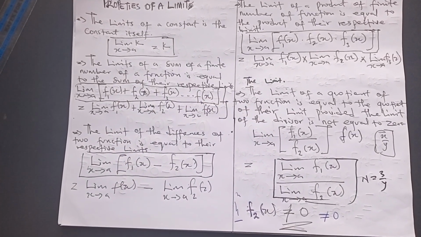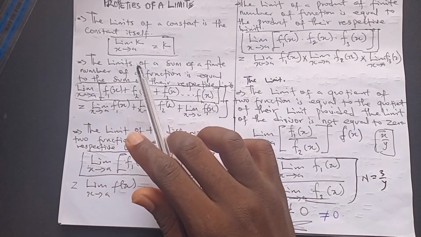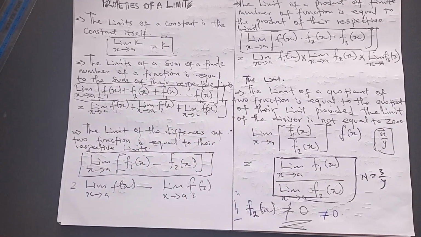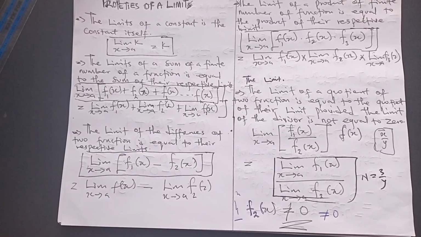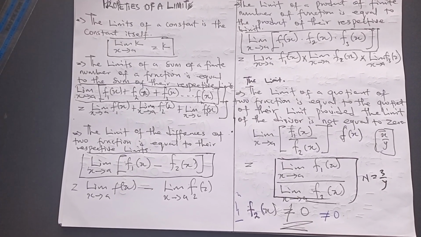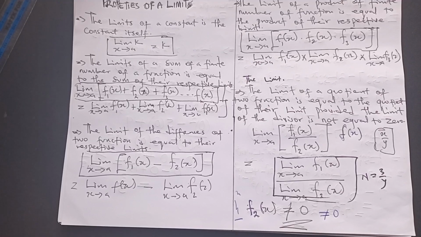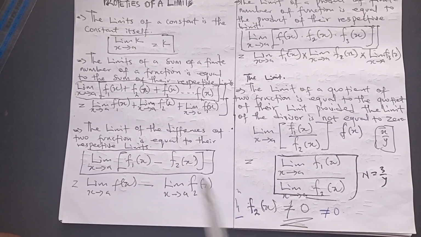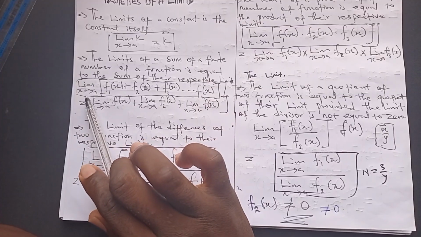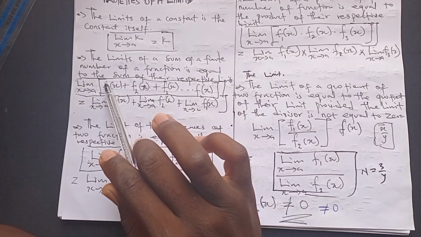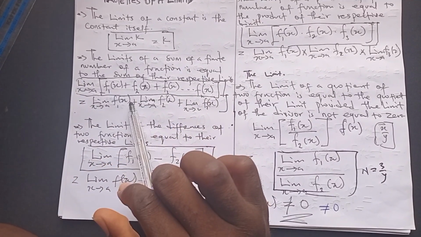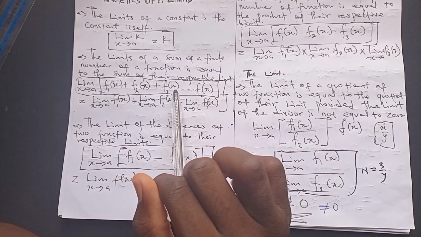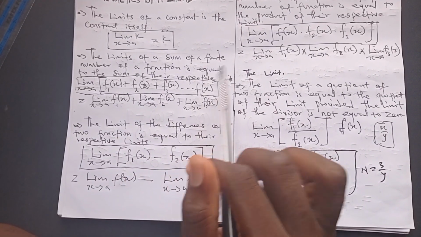The second property of a limit states that the limit of a sum of a finite number of functions is equal to the sum of their respective limits. For example, you have the limit when x tends to a, f1 of x plus f2 of x plus f3 of x till fn of x.